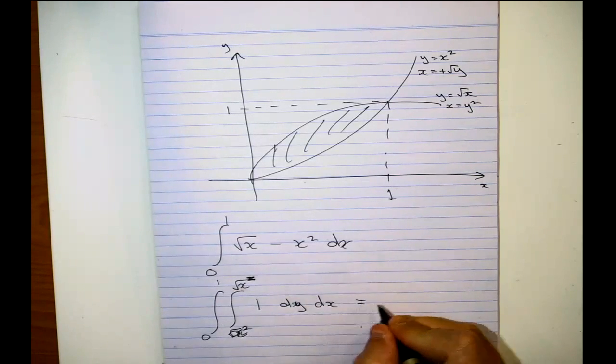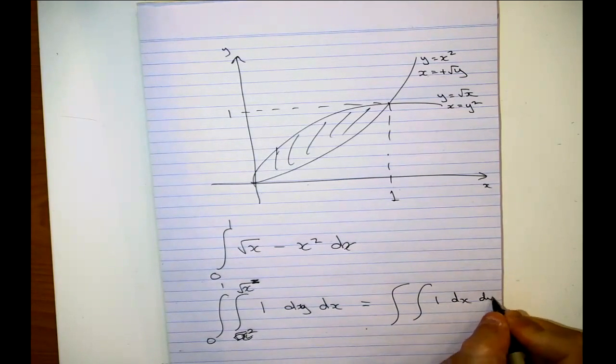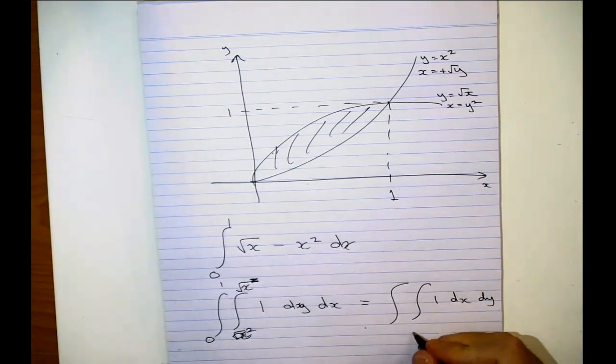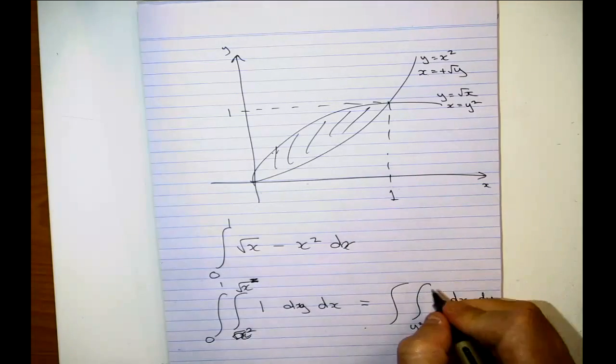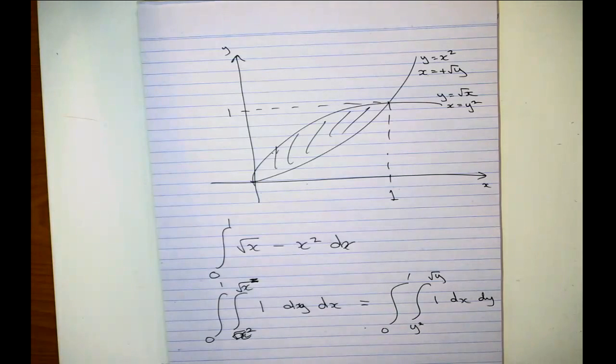Or I could do it the other way. I could do it with respect to x first, and then x goes from y squared to root y.